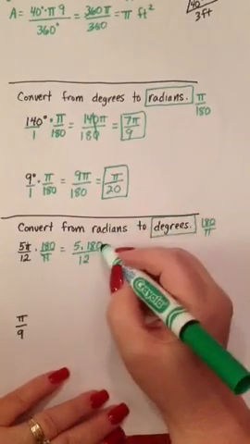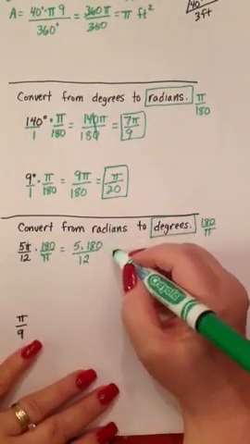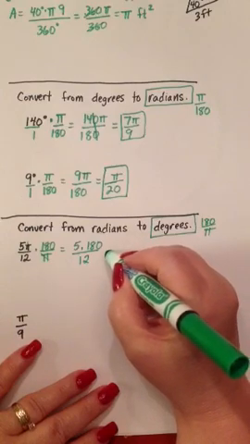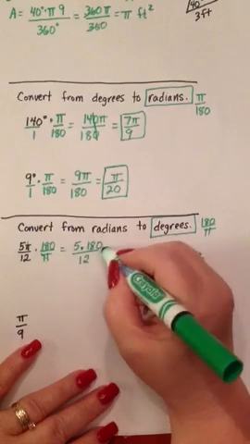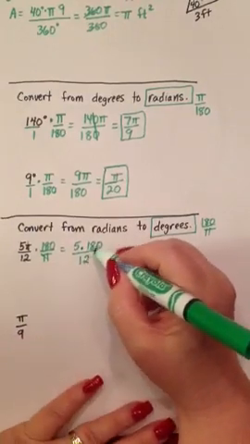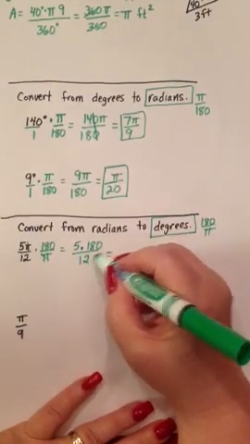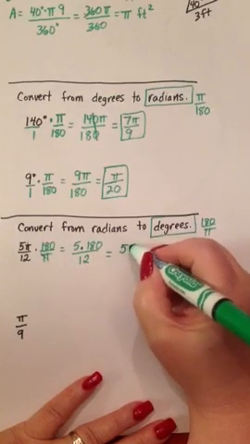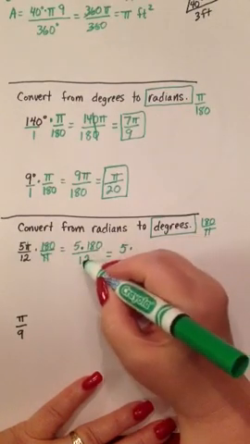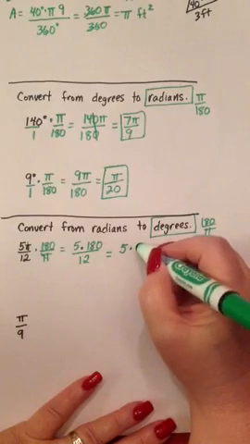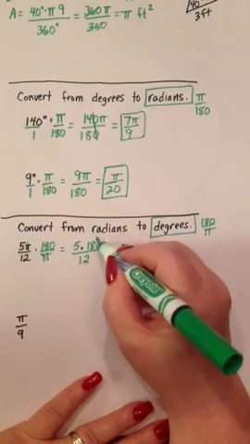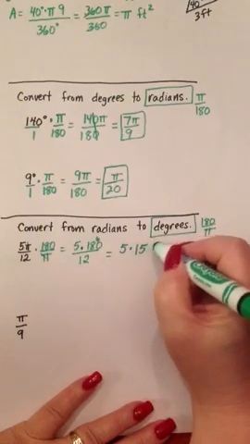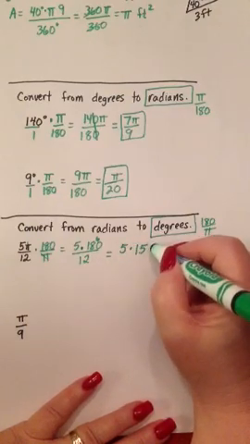Okay, now notice I didn't go ahead and multiply it yet, because I think it might be helpful if I reduce first. The reason we can cancel things is because they're all attached by multiplication, and 12 goes into 180. So this will be 5 times 12 goes into 18 one time with 6 left over, and then 12 goes into 60 five times. So really my answer is going to be 5 times 15.